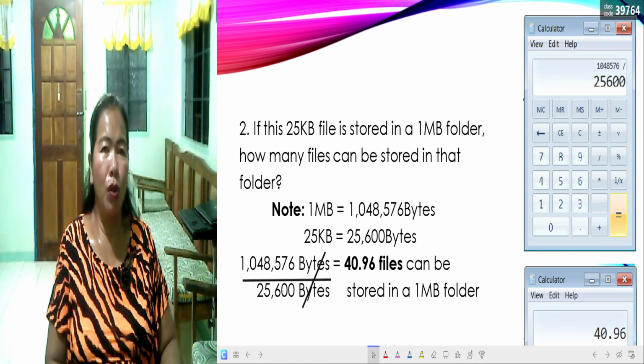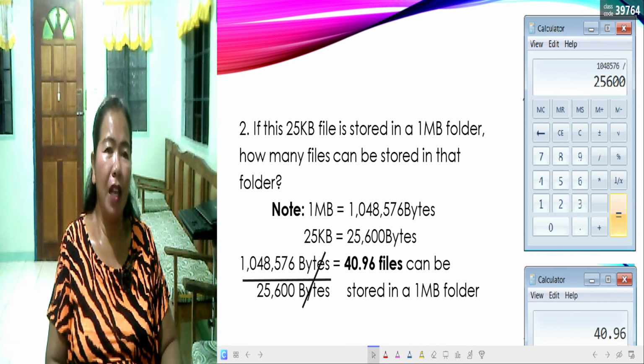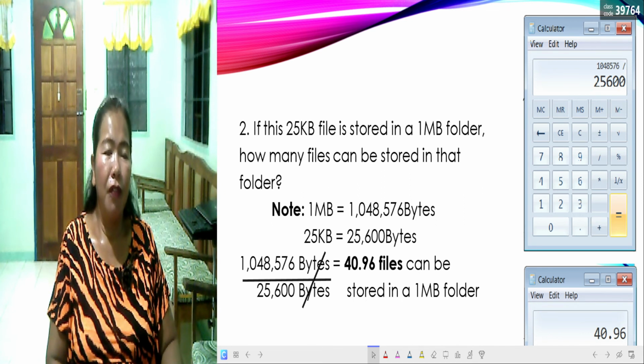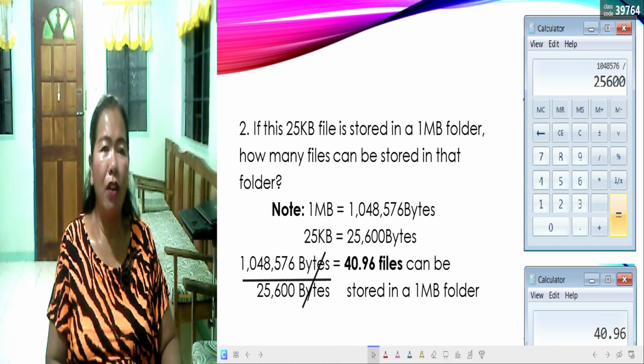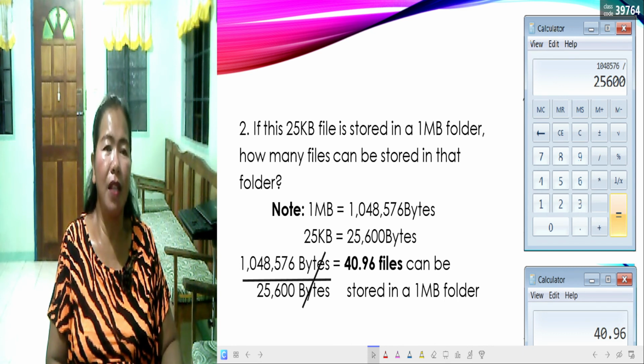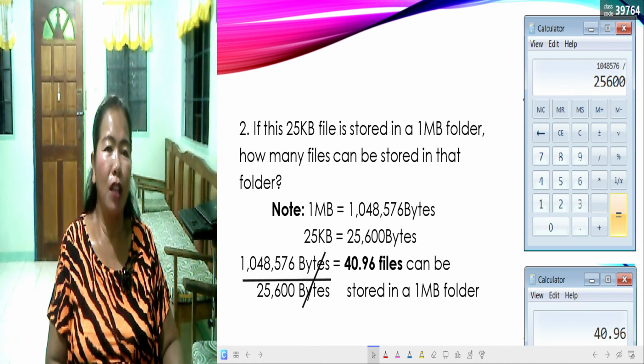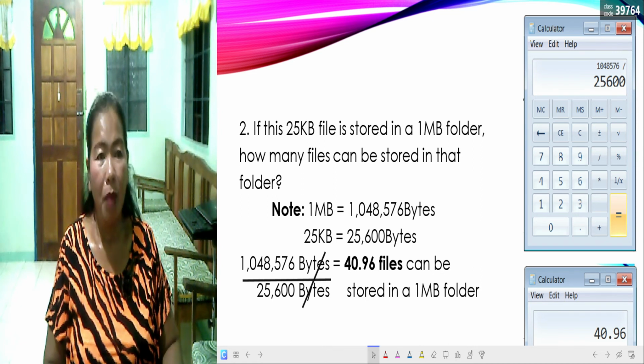How many files can be stored in that folder if every file consists of 25 kilobytes? So please take note that 1 MB is equivalent to 1,048,576 bytes, and just recently in the computations, 25 kilobytes is equivalent to 25,600 bytes.